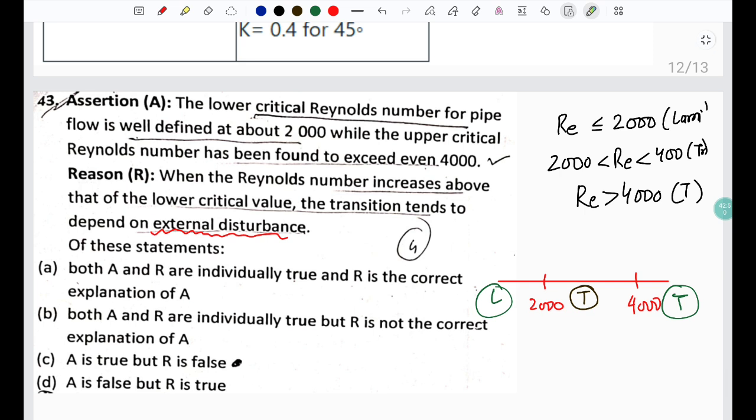Assertion was asking us that the critical Reynolds number to maintain laminar flow inside the pipe is well defined at 2000, and the upper critical Reynolds number can even exceed that. What critical meant here was maintaining the laminar flow, which I was not aware about. So when Reynolds number increases above that of the lower critical value, the transition tends to depend upon the external disturbance. Hence, both of these are related.